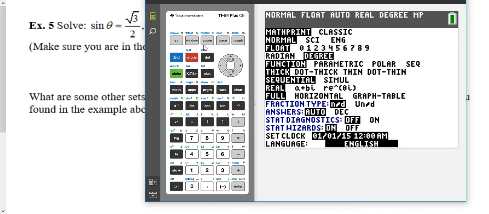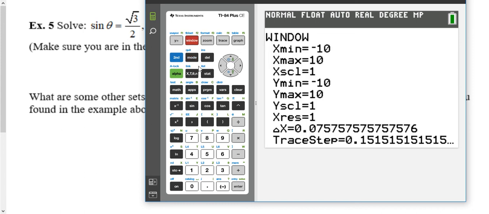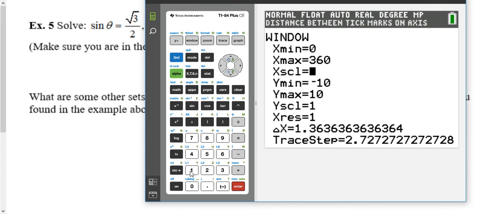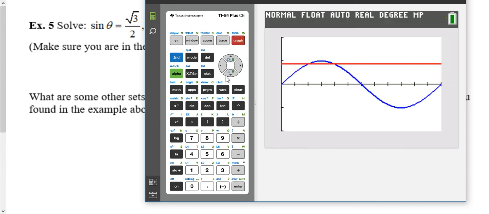I'm in degrees mode, so my window should be between 0 and 360, going up by, say, 30 degrees or 45, whatever you want. Our y's are going to be between negative 2 and 2, and I leave it at 1. That's perfectly fine. Right there, we see two intersections.